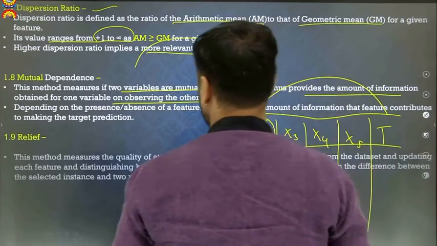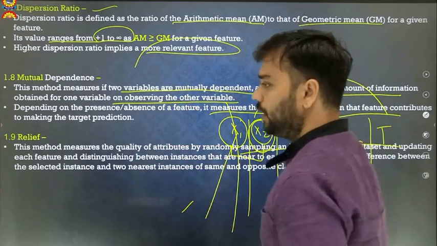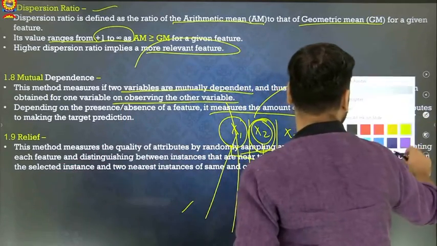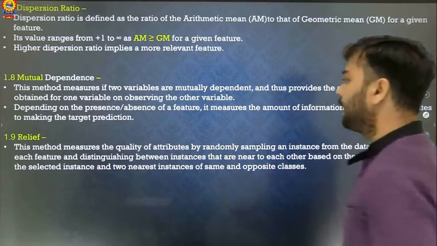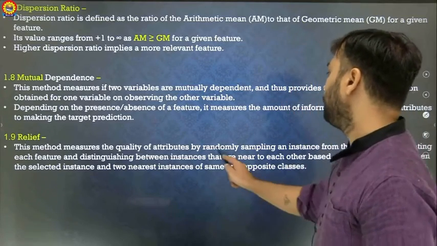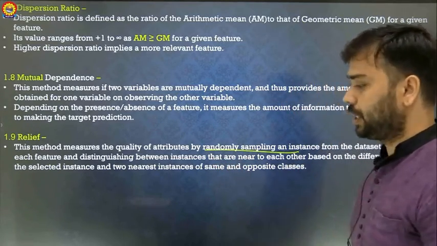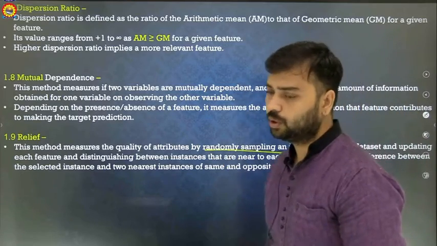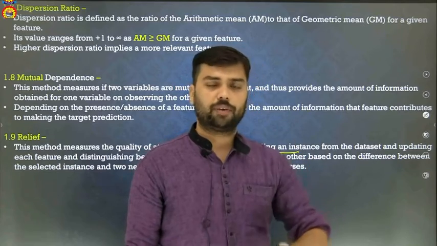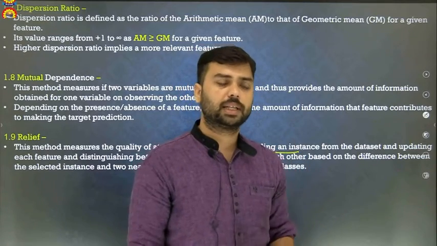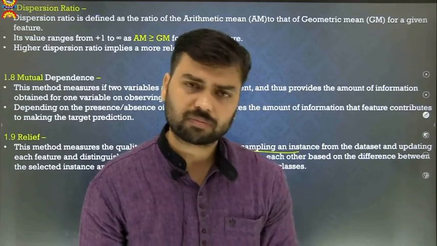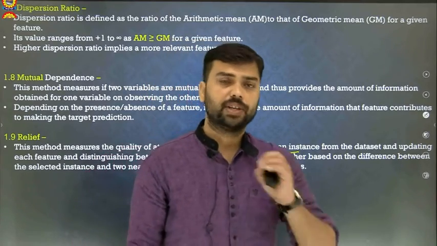And the last one is relief. Relief is also a method of filtering. In this method, we measure the quality of the attributes by a random sampling of an instance. In relief, we take the instance of a particular feature, and on the basis of that instance, we check the relativity with the target value and identify the feature relevance.